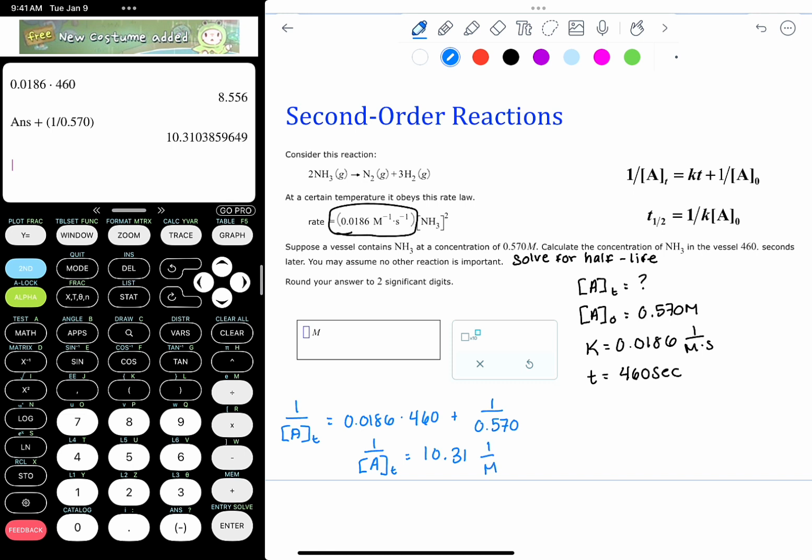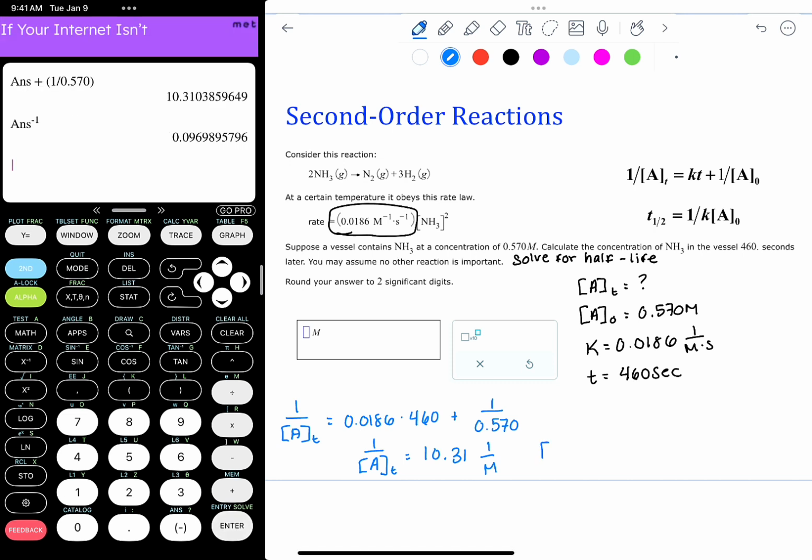Now we're not done yet because that's not the concentration, that's the inverse of the concentration. So you could invert this one of two ways. You could do 1 divided by 10.31, or you could just raise this to the -1 power. I like raising it to the -1 power because it's just a button on my calculator. But however way you see inverting, go for it.